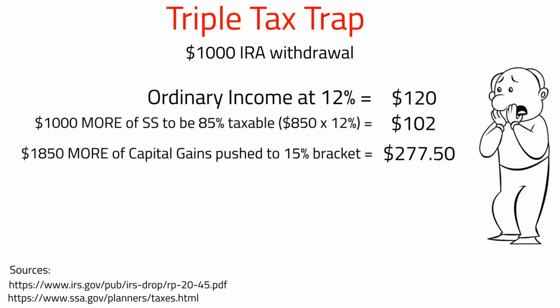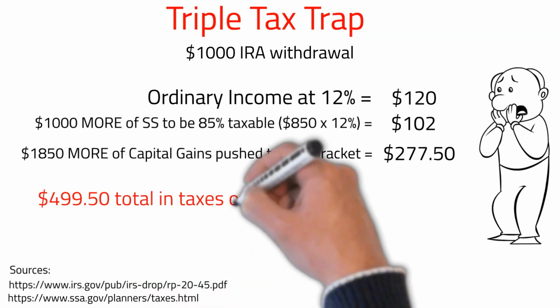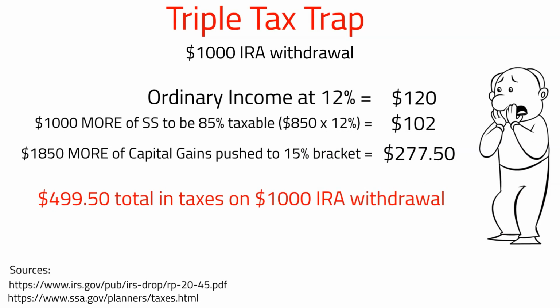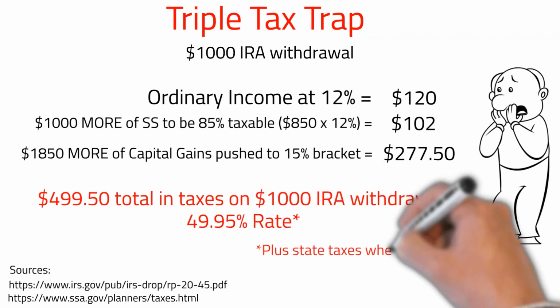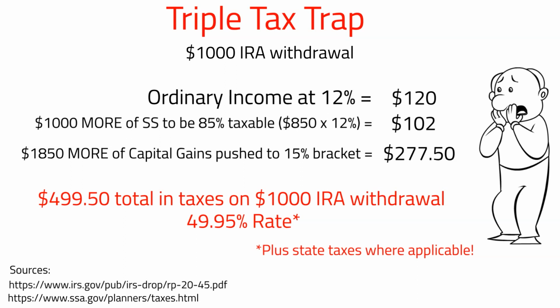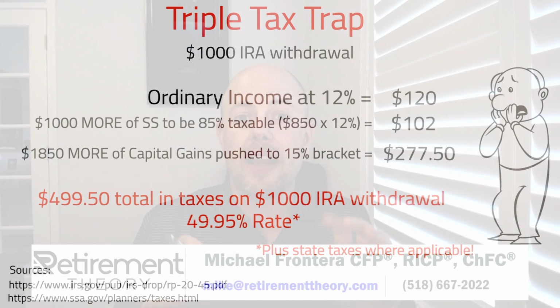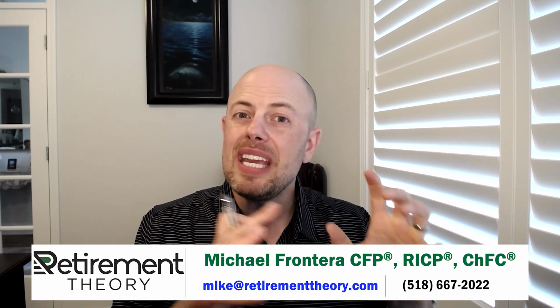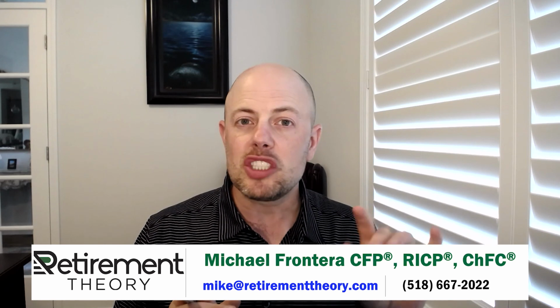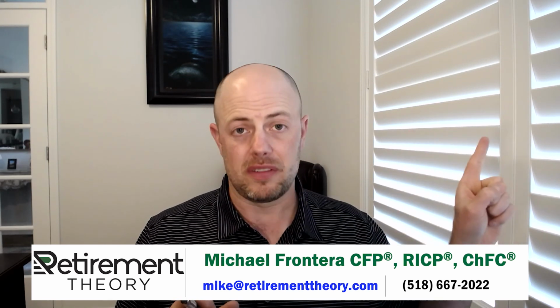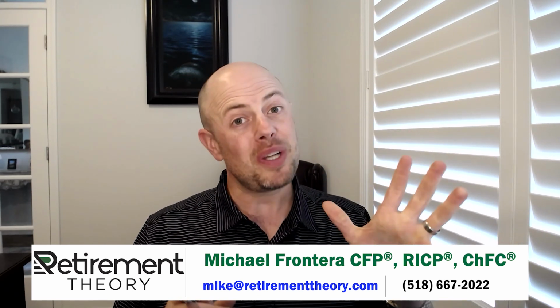Our total is $120 plus $102 plus $277.50 for a total of $499.50 on our $1,000 IRA withdrawal. That is a tax rate of 49.95%, plus state taxes where applicable. So that's why it's important to understand how income affects your entire tax picture, not necessarily just the tax on the income itself.